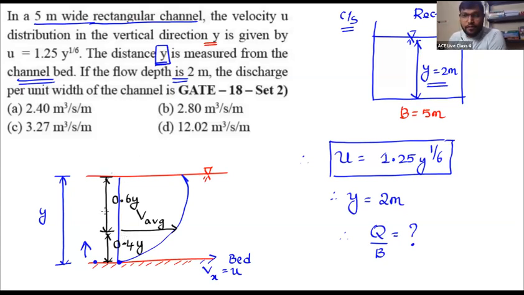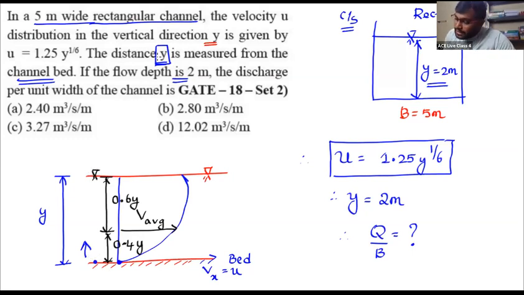So the difference between the previous question and this question, my dear students, you have to observe. In the previous one, I mentioned 2-point observation, so you could go for 0.2 y and 0.8 y. But in this question, I did not mention anything, so it's better you go with the 1-point observation: 0.6 y from the water level, or 0.4 y from the bed.